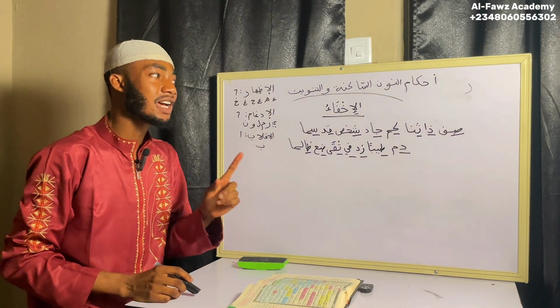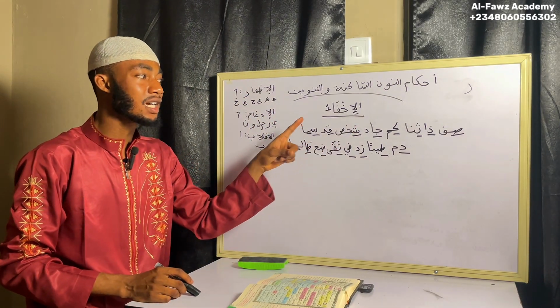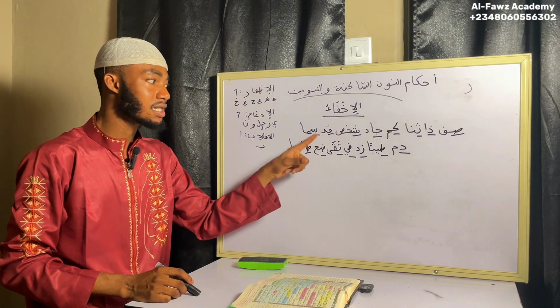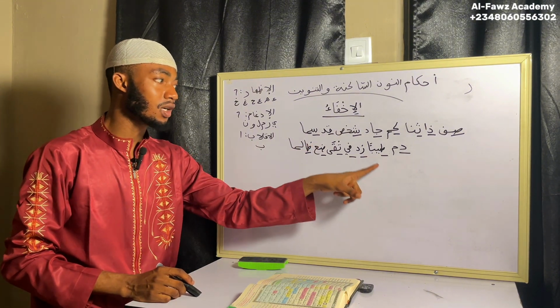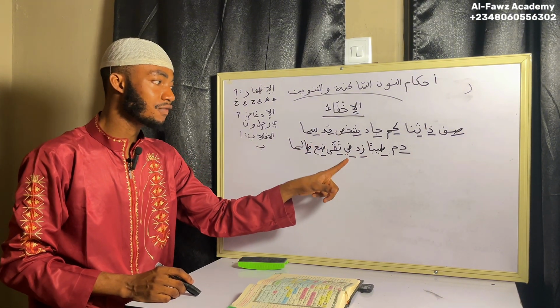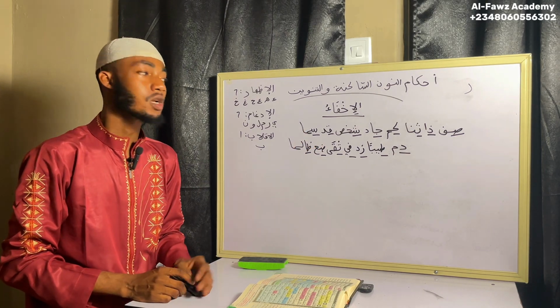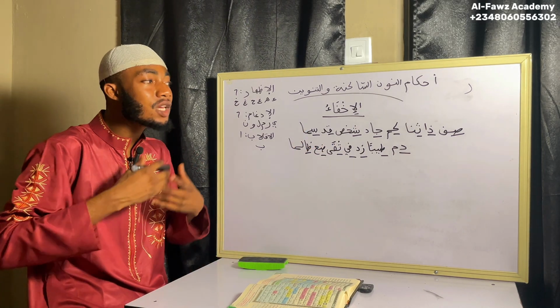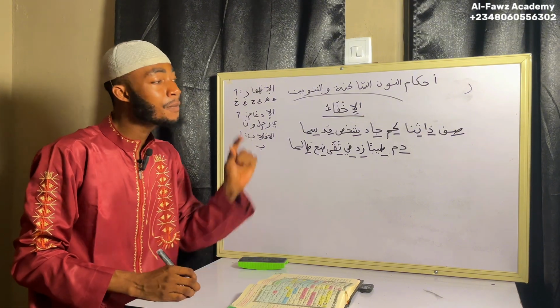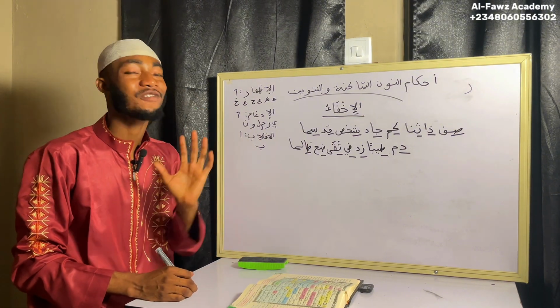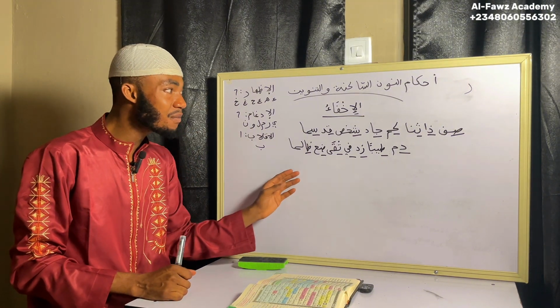صف ذا ثنا كم جاد شخ صن قد سما دم طيبا زد في تقى ضع ظالما. So this is just to make it easy for you to pick out those Arabic alphabets. Counting them now is 15.